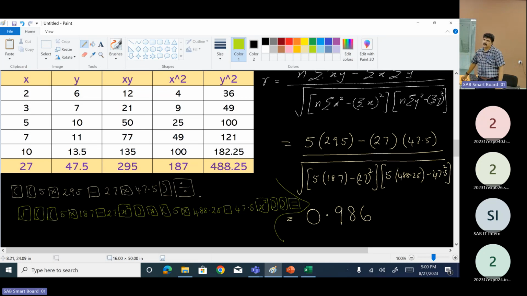If you're using the calculator on shortcut, that's how it works. The top part, you have several components, so you start with the bracket. So this is the top part, 5 into 295 minus 27 into 47.5, close bracket. Top part, division. Then you have a square root.